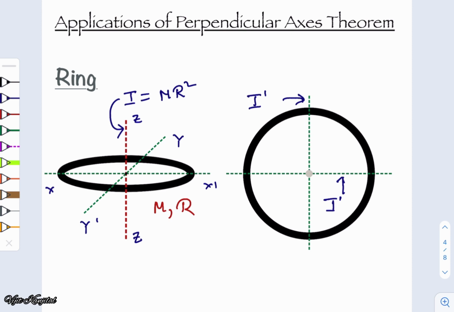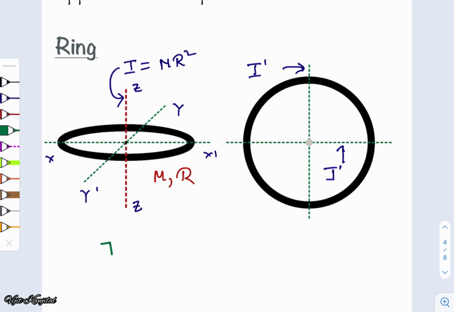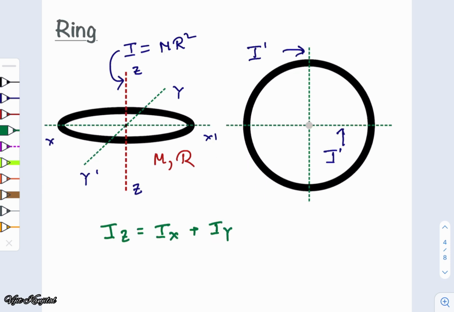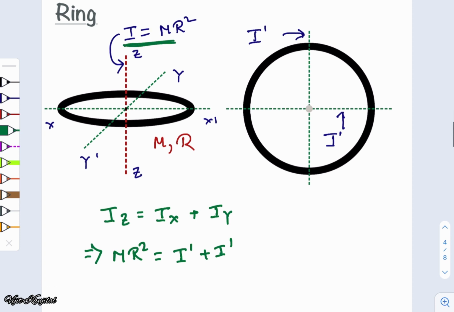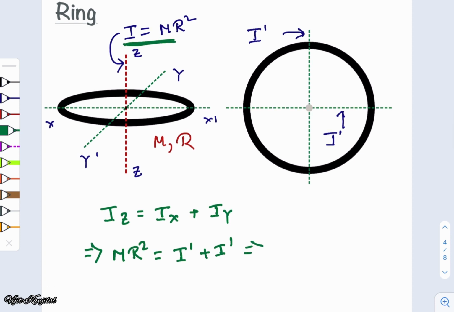So by the perpendicular axis theorem we can write Iz is equal to Ix plus Iy. So what is Iz? Iz is I, that is mr square. So mr square, and what is Ix? Ix is I prime, and what is Iy? Iy is also I prime. So what do we have?